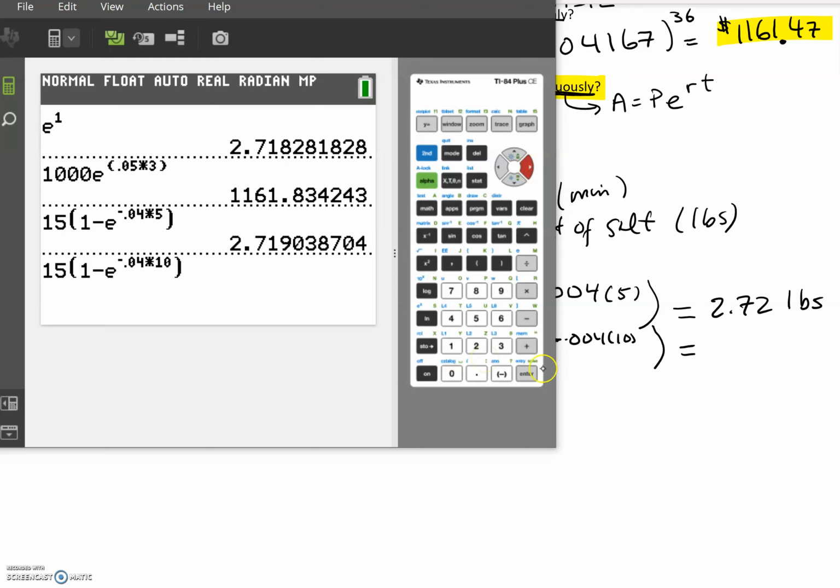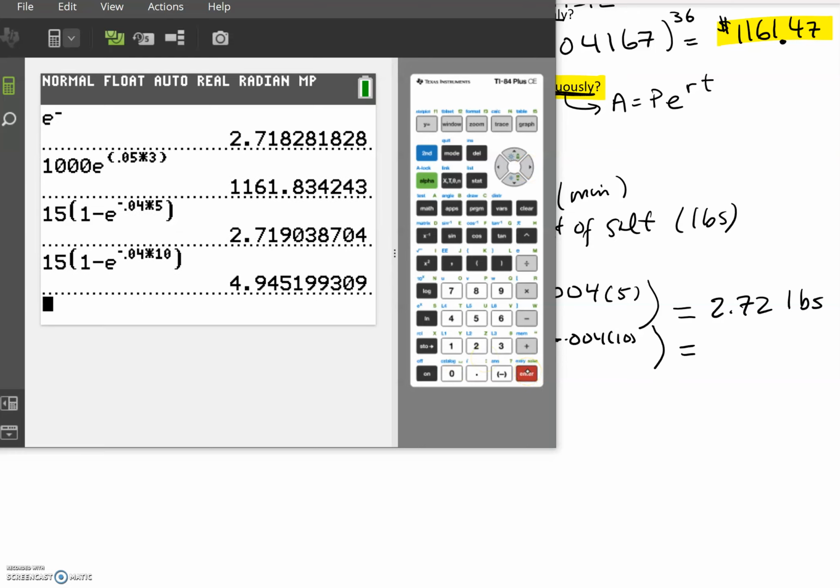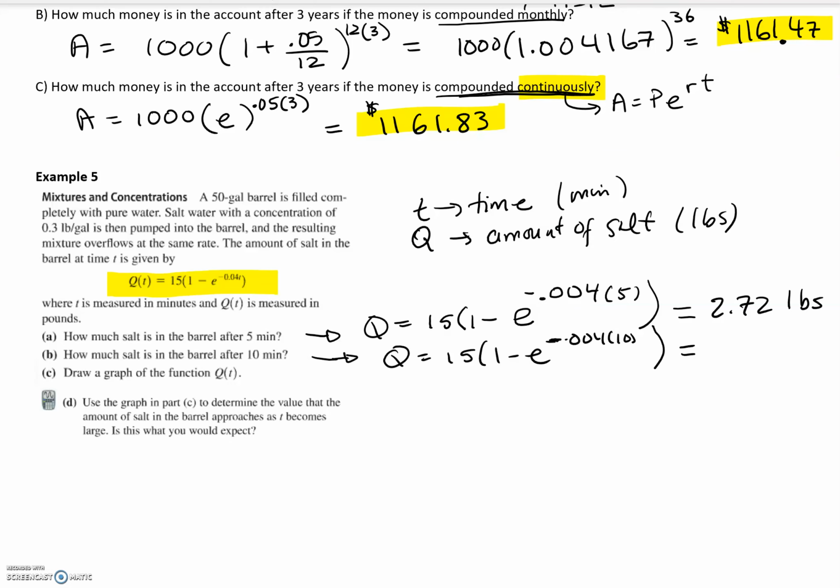I push enter, and it looks like we have about 4.95 pounds. So the more time that goes by, the more pounds of salt you have in your barrel, because you're pumping into the barrel a liquid that has a concentration of salt.